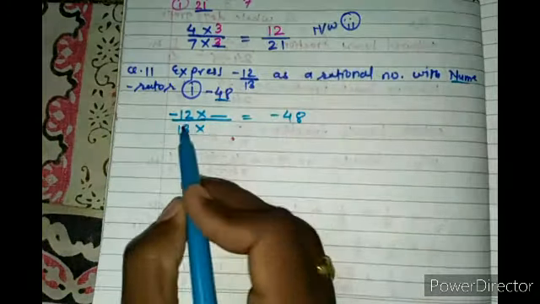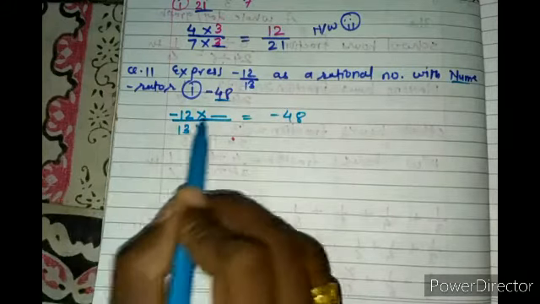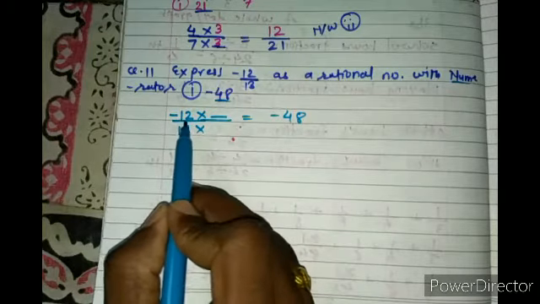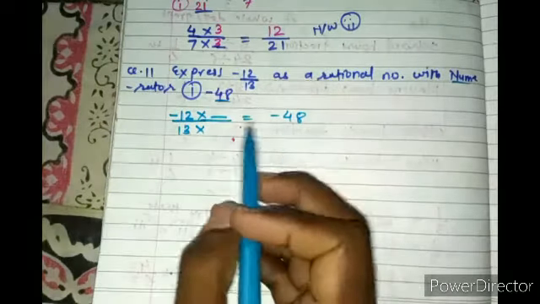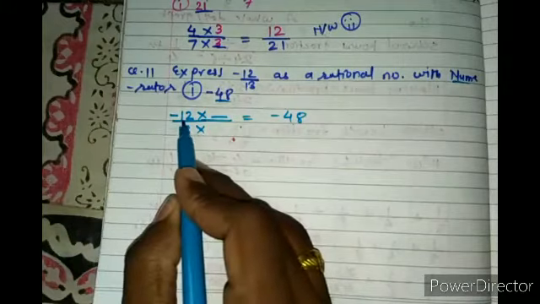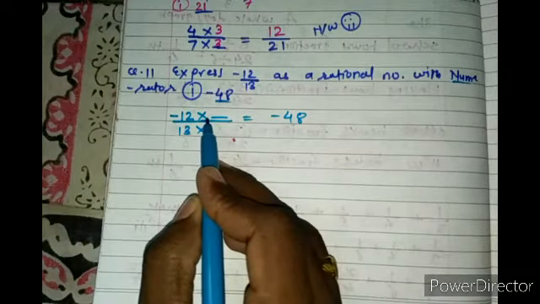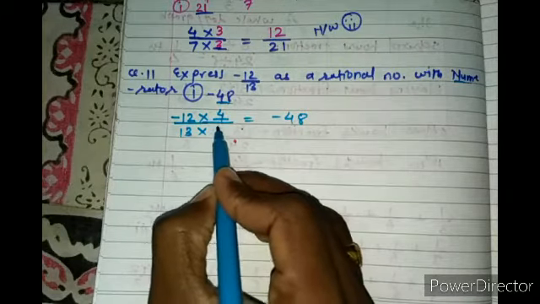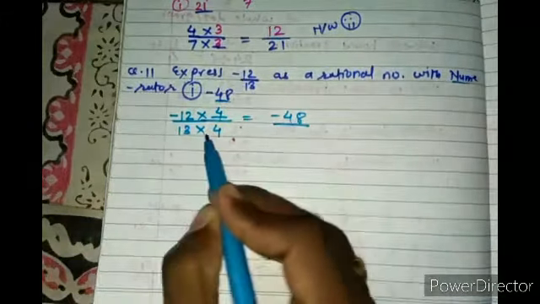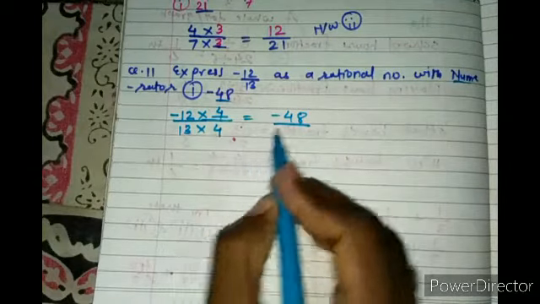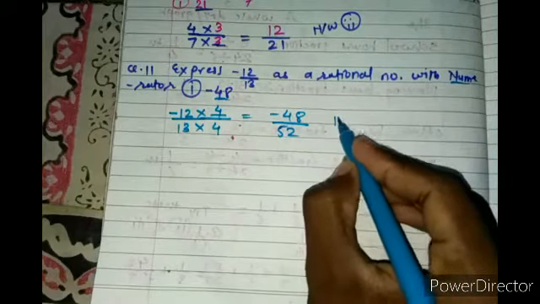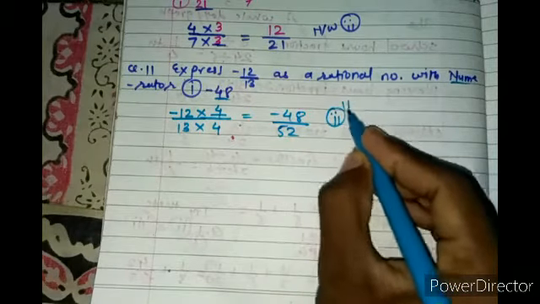That 12 is already negative, so we have to take a positive number here. That should be clear before thinking about the other number. In the table of 12, at which place will 48 come? Yes, 12 3s are 36, 12 4s are 48. So I will multiply the numerator by 4 and the denominator also by 4. So 13 4s are 52. Likewise you will be able to solve question number 2 of this.